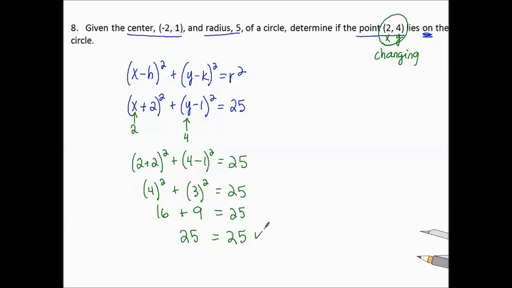So determine if, that's a yes or no, the point lies on the circle. Yes, the point (2, 4) lies on the circle.